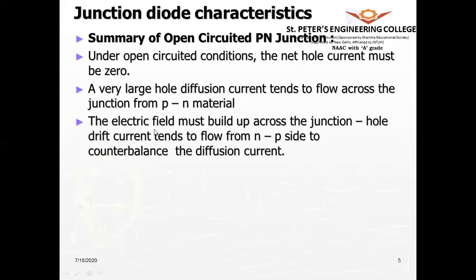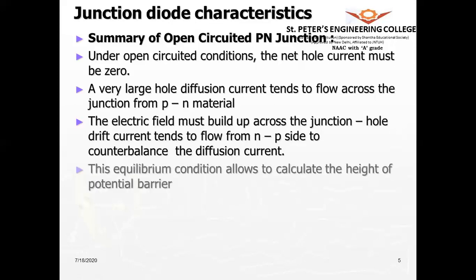Because of the electric field, the charges get drifted, so we call it the drift current. So in a semiconductor, we expect two types of currents, diffusion current as well as the drift current.